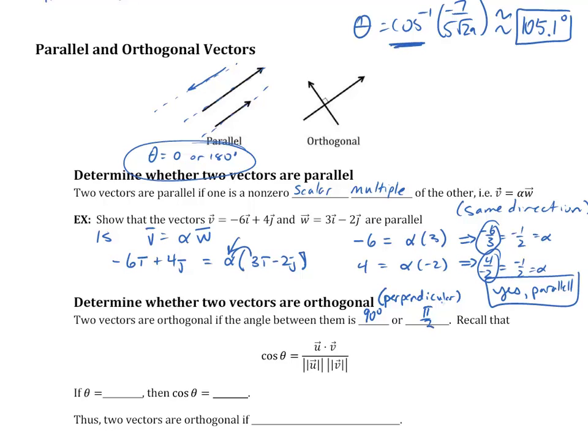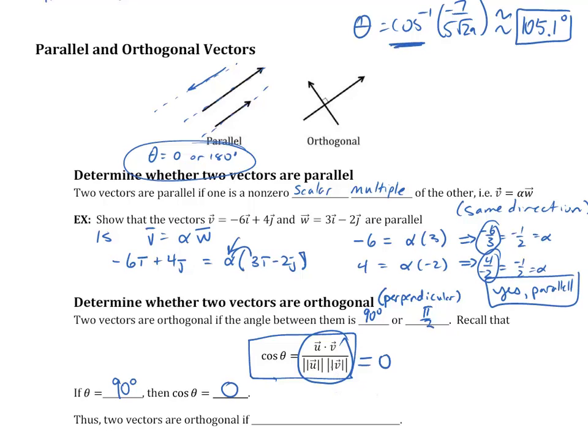And recall that this is the formula that relates the angle between two vectors and the vectors themselves. If theta is equal to 90 degrees, then cosine of theta is 0. So the question is, if this whole thing equals 0, then when is this fraction right here going to be 0?